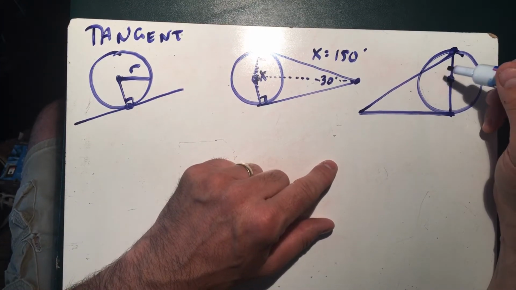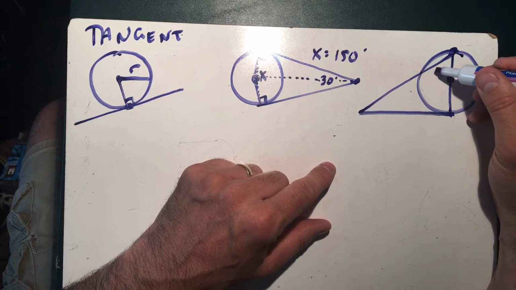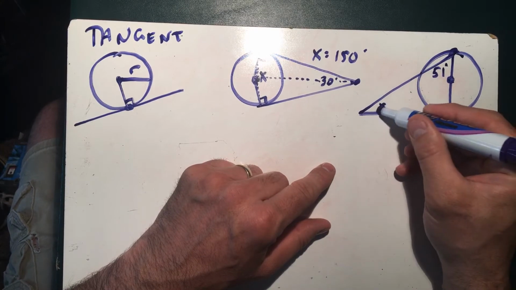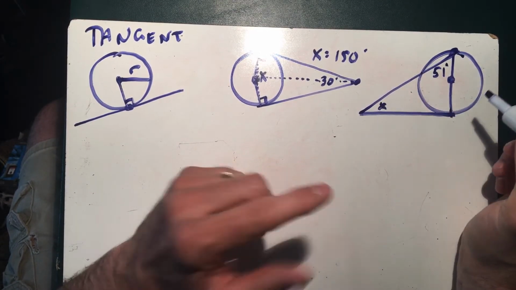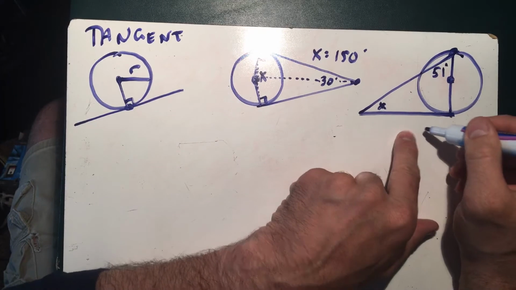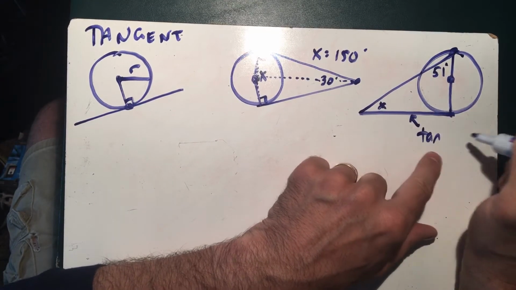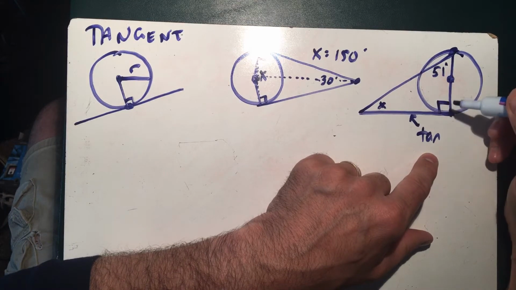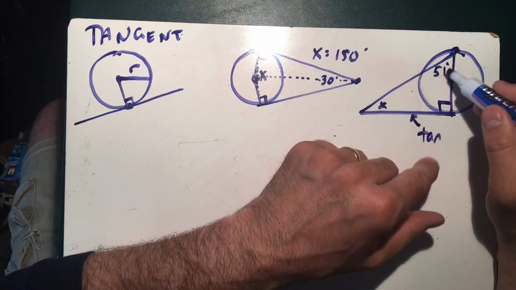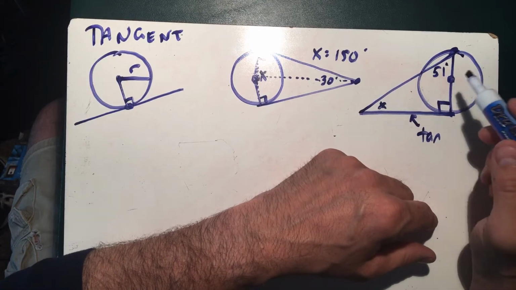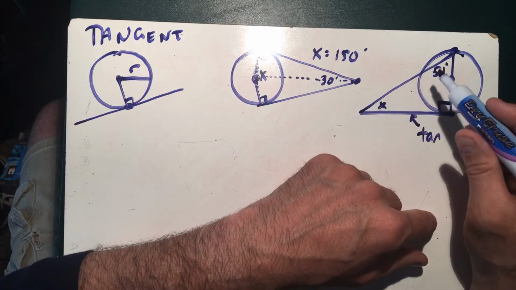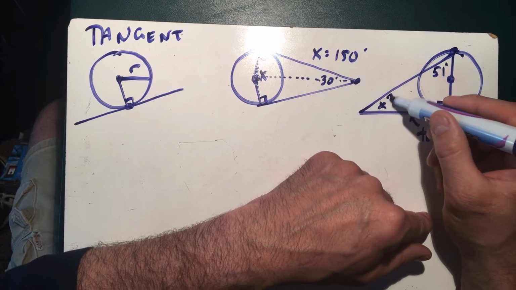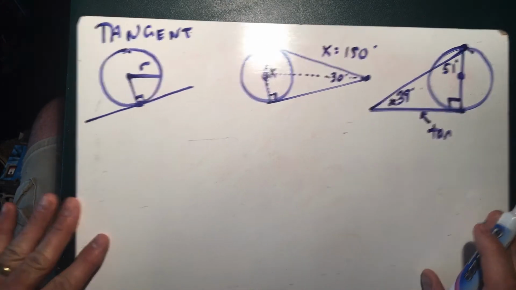They'll say this angle up here is 51 degrees, and ask what is X. If they identify this as a tangent, then this is going to be a right angle. All I have to do is find the complement of 51 so these two add up to 90, and that would be 39 degrees. Seems pretty simple to start.